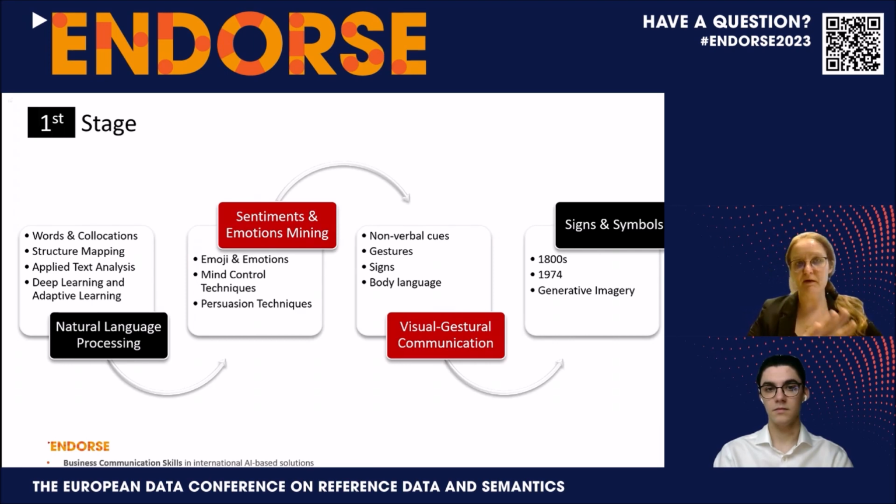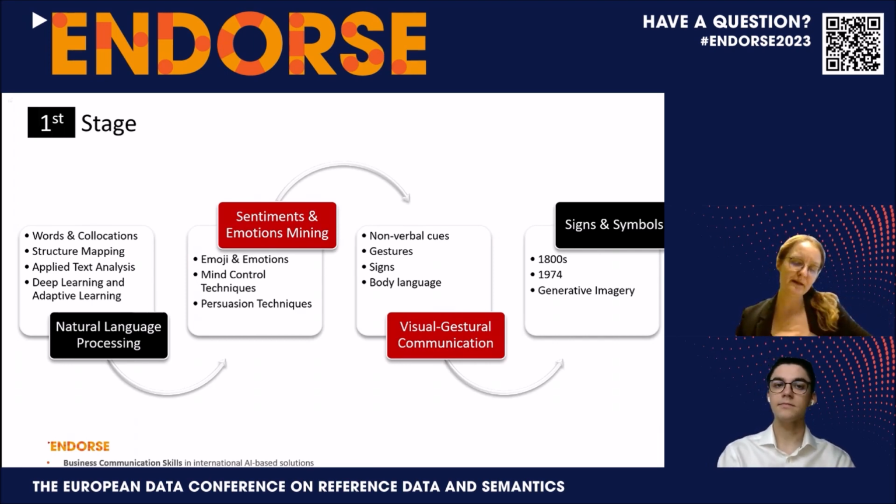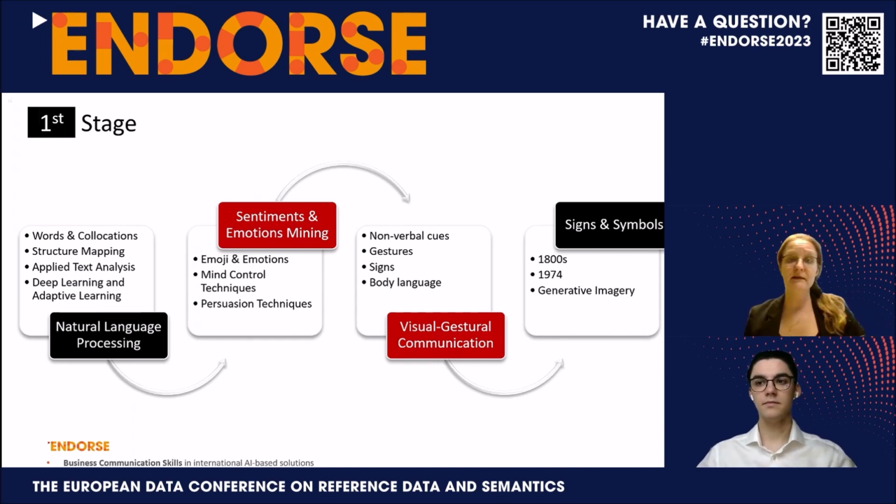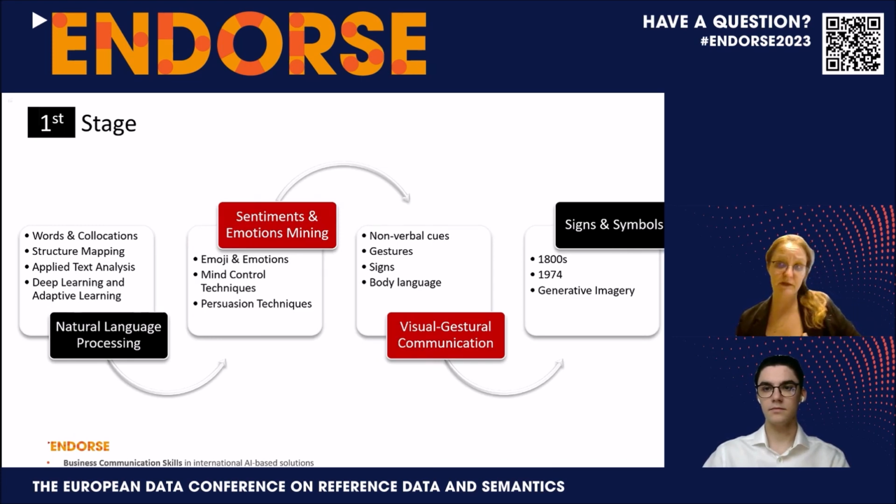As we are talking about the first stage, the one that we have for today, we've got natural language processing, sentiments, emotions and emotions mining, visual story communication, and the overall theory on signs and symbols that started in the 18th century, and it was actually developed in 1974 as a totally different set of signs that we, for example, use within airports.